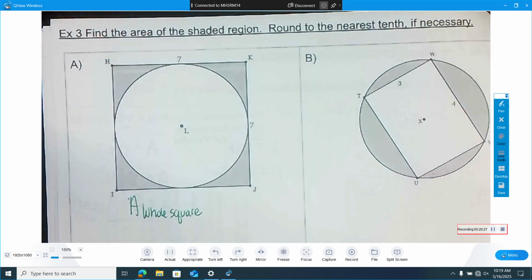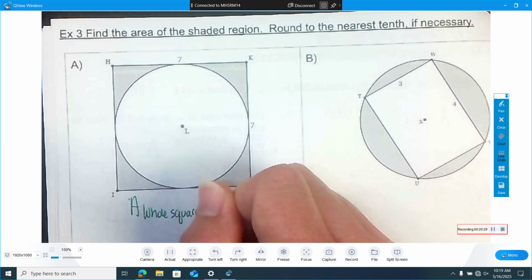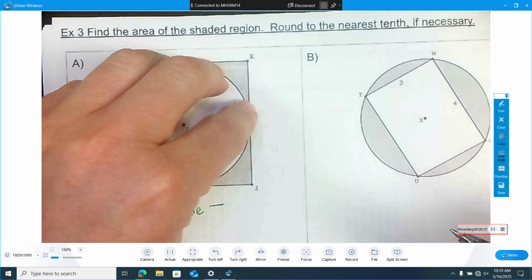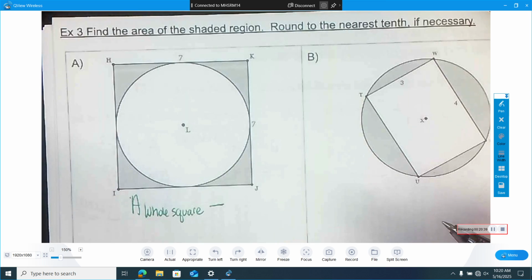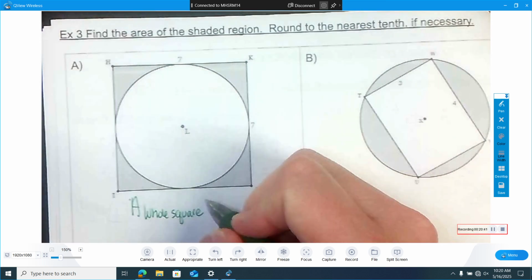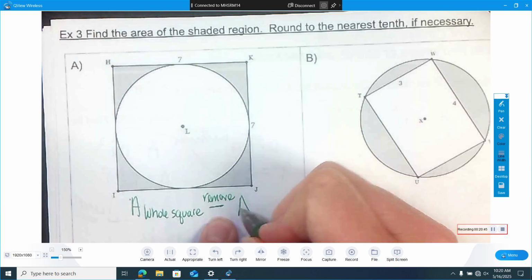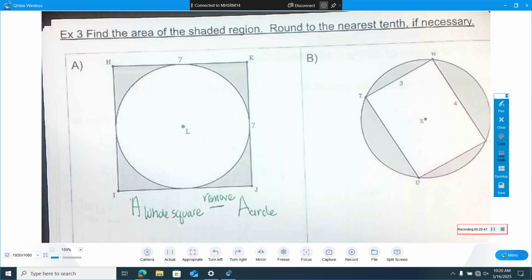Remove a portion. Minus, yeah. So we're going to follow this pattern where I find the area of the whole figure, and then I need to remove a portion. In this case, I remove by subtracting the area of the circle. So I'm going to find the area of the whole thing, and then we can subtract away that white space.